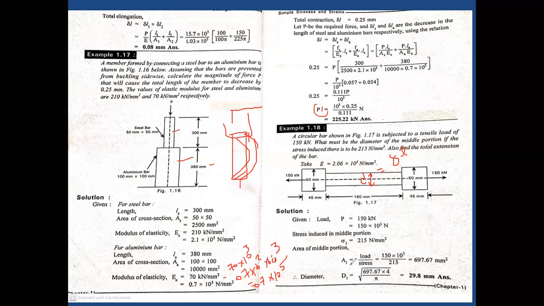Stress equals load by area, and the area is pi by 4 D square. From here, we just calculate the value of D.